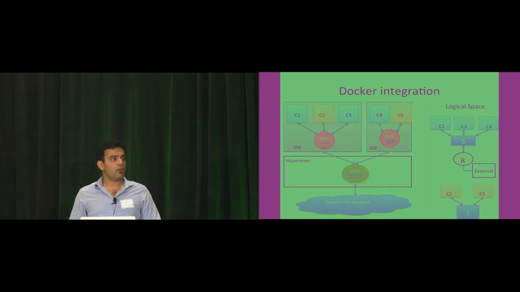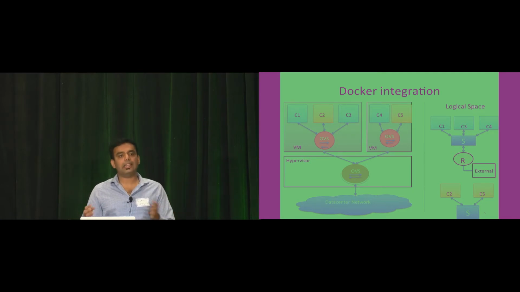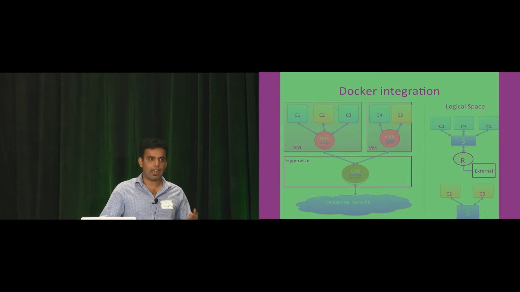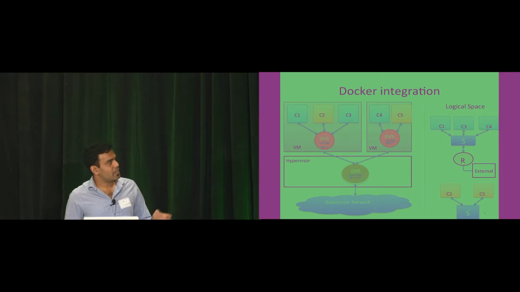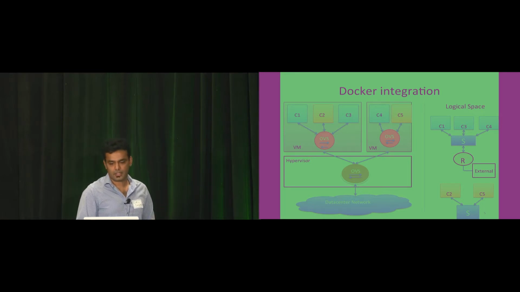I don't know how many of you are familiar with the Docker networking constructs, but if you create a Docker network, in OVN we create a logical switch. And when you attach a container to that Docker network, we just create a logical port in OVN. And in this case, if you want external connectivity, you would attach a logical router to a Docker network.